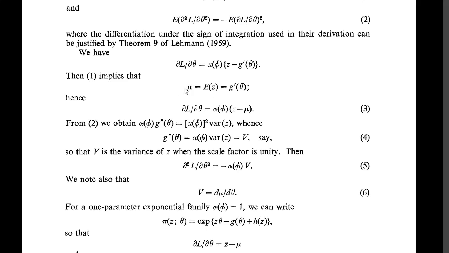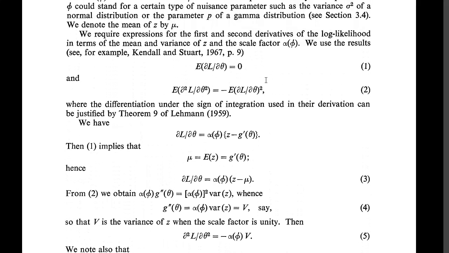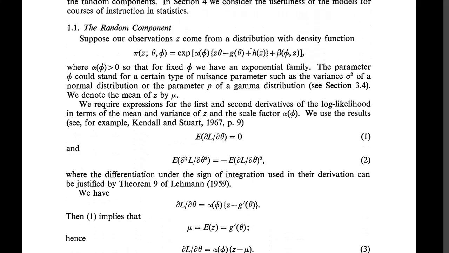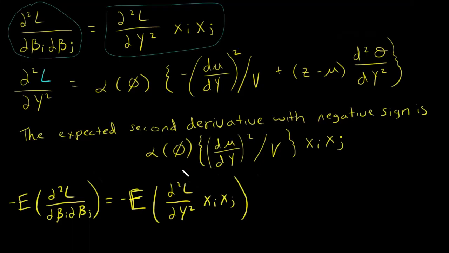So mu, again, not a random variable. So what's our random variable? We're taking the expected value of likelihood. There's something's random, right? Well, the random variable is z. Z, remember z comes from this exponential family of distributions. So z is our random variable. Okay, so when we're doing this expected value, you got to keep that in mind. All right, so this x is like a constant. It can be pulled out of the expected value.